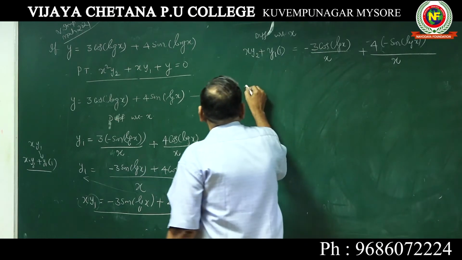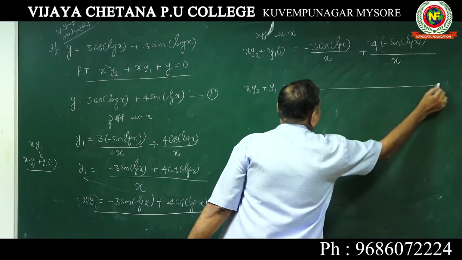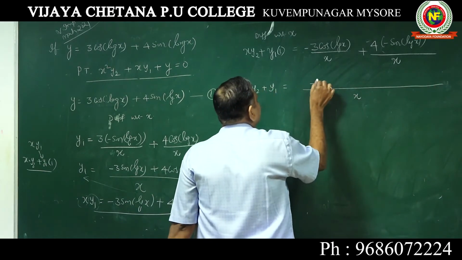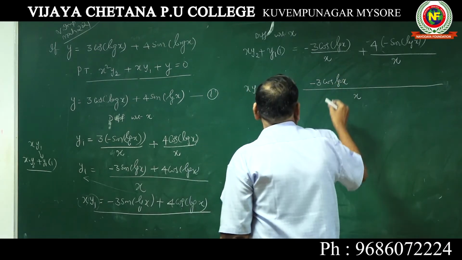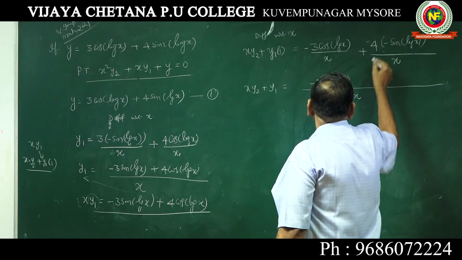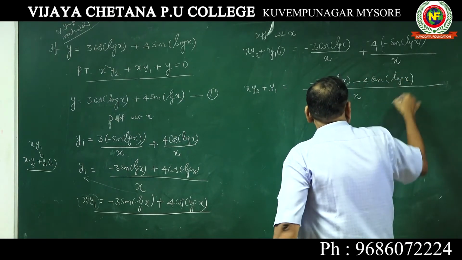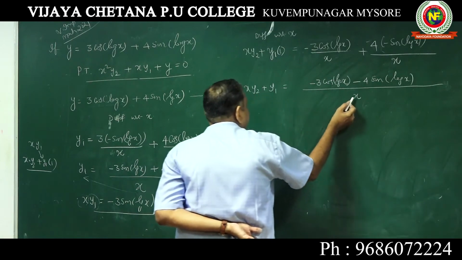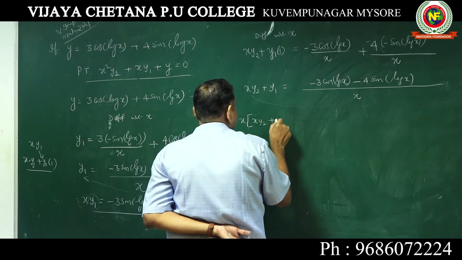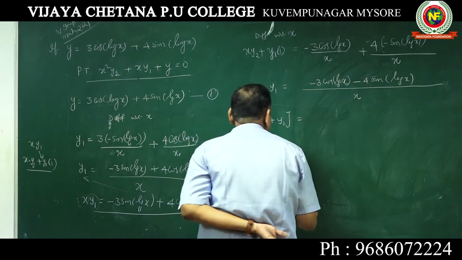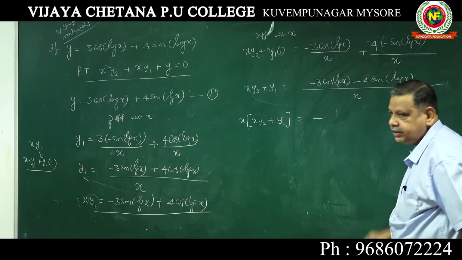Now it is xy2 plus y1 is equal to, take the LCM x, minus 3 cos log x, then minus 4 sin log x, over x. Now cross multiply, x into xy2 plus y1 is equal to minus, take it outside, cos log x by x, how, because of the chain rule.